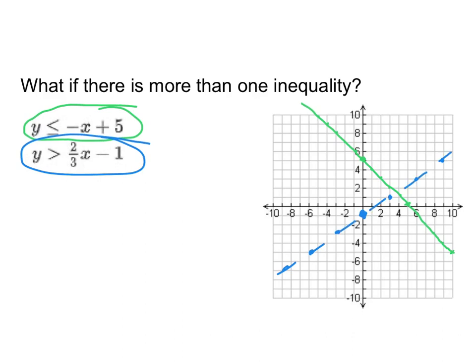Okay, so now I need to think about which solution region is going to work. There are 4 possibilities here. I could have this region right here, which I'm going to call region number 1. It could be region number 2, which is this whole section here.